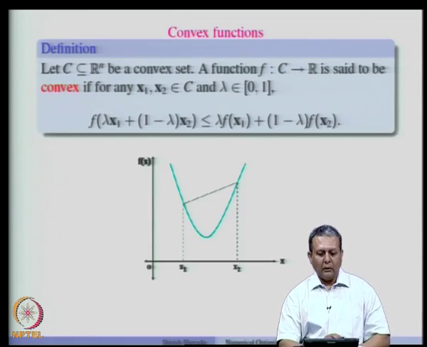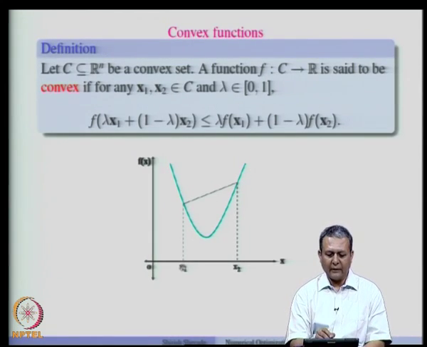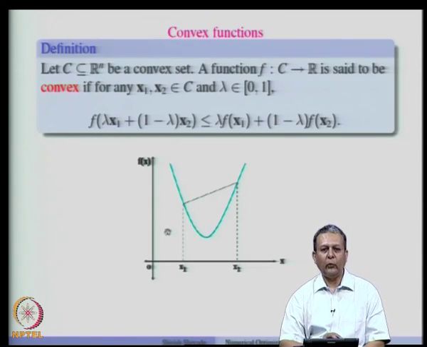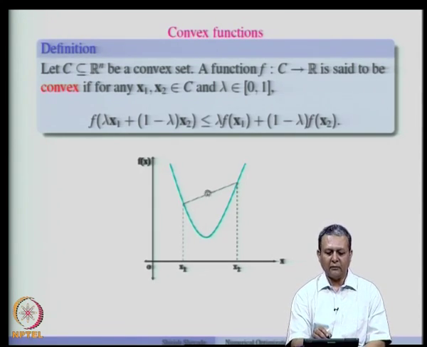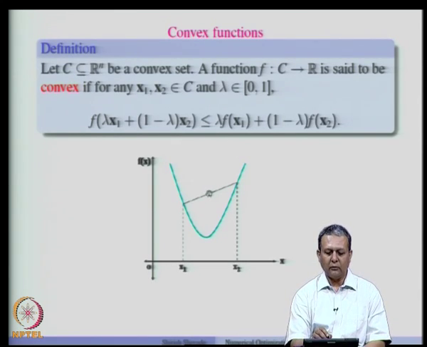Now, here is an example of a convex function. We take 2 points x1 and x2, and take a chord joining the 2 points. At any intermediate point on the line segment joining x1 and x2, the value of the function is less than the value obtained by interpolating the endpoints of the chord, finding the appropriate value on this chord.